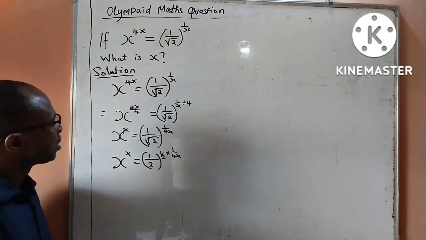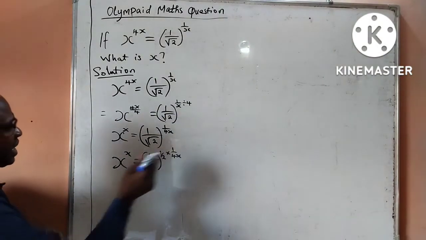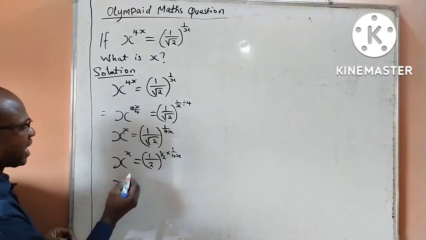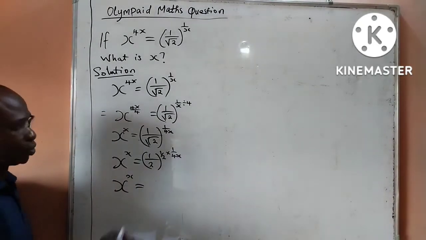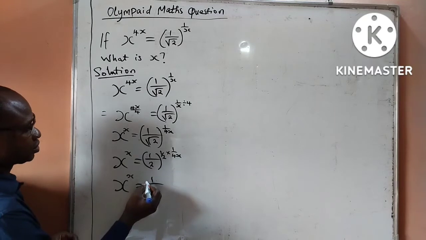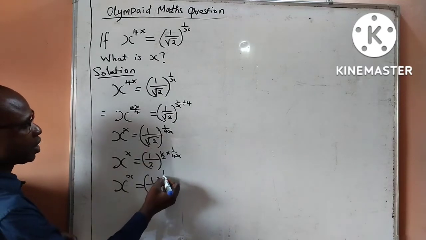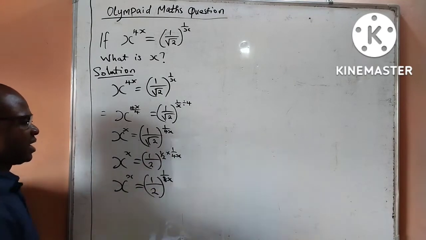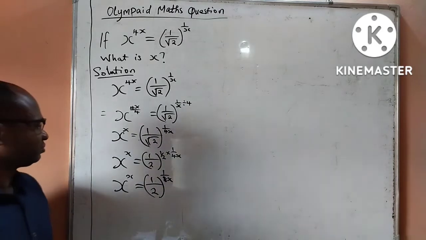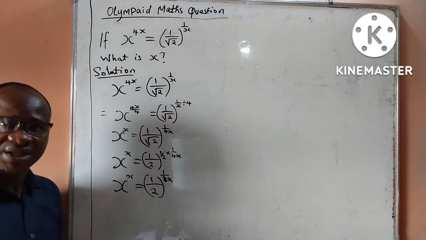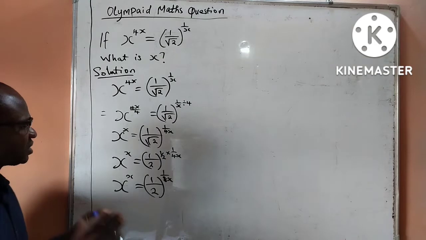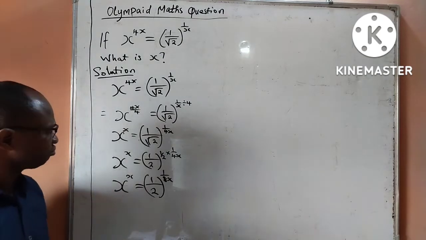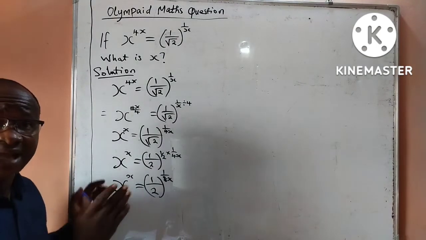Beautiful. We continue. We can now express it as x raised to the power x equal to 1 all over 2 all raised to the power 1 all over 8x. At this stage, I want the x to be on one side, just the left hand side.